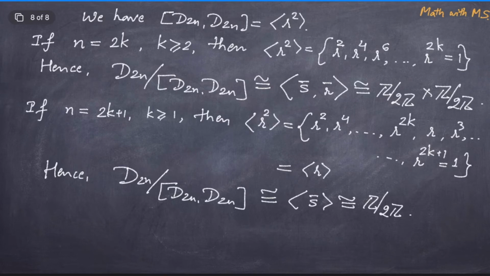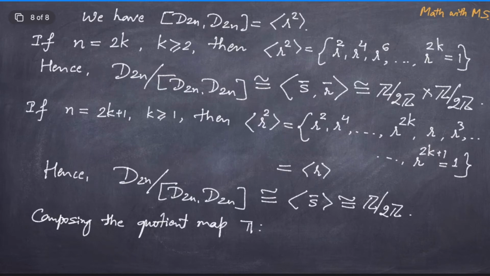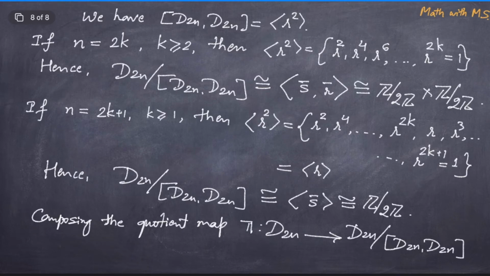In fact, for the Klein 4 group we computed them in one of the lectures. So composing the quotient map pi from D2N to D2N modulo the commutator with the irreducible representations of the Klein 4 group and the cyclic group of order 2 will give all degree 1 representations of the dihedral group D2N.